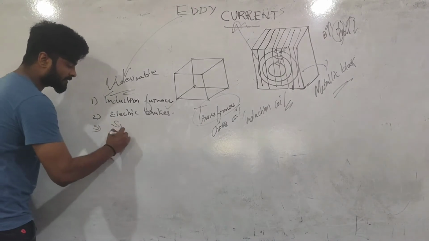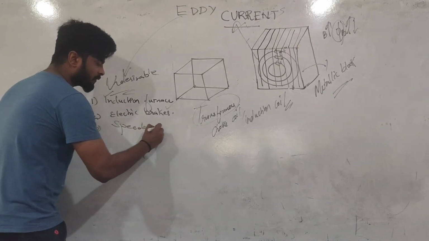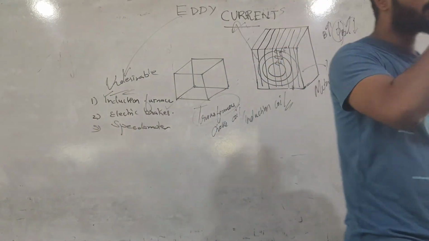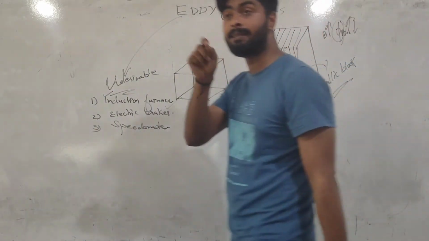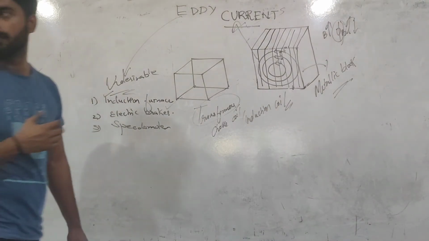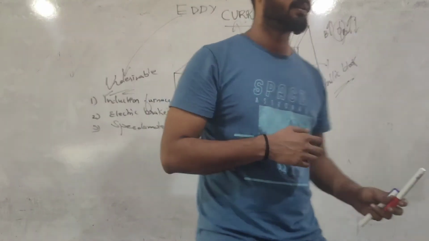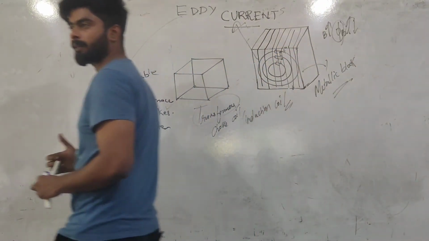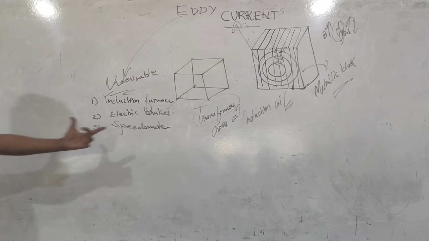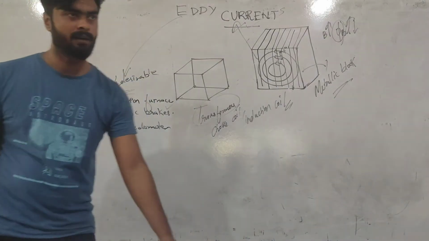And the third application is the speedometer. Have you heard of the speedometer in your vehicles? In automobiles, you can see a speedometer, which tells you the instantaneous speed. At that instant, what is the speed of your vehicle? That is what the speedometer tells you. In every vehicle, you have a speedometer, which tells the speed of that vehicle at that instant. So in the speedometer also there is application of eddy current.